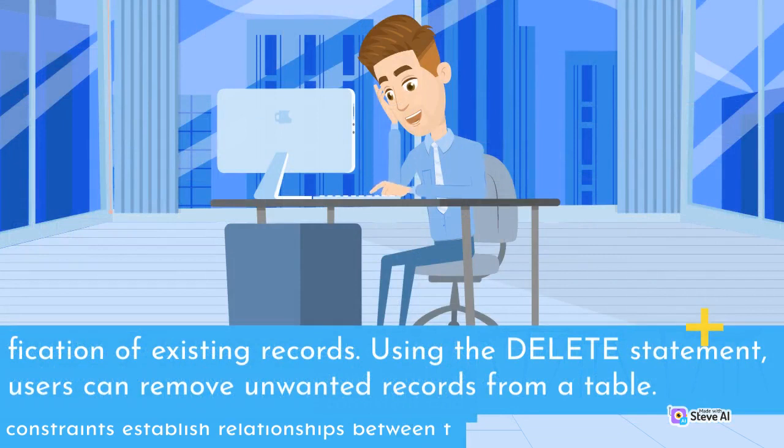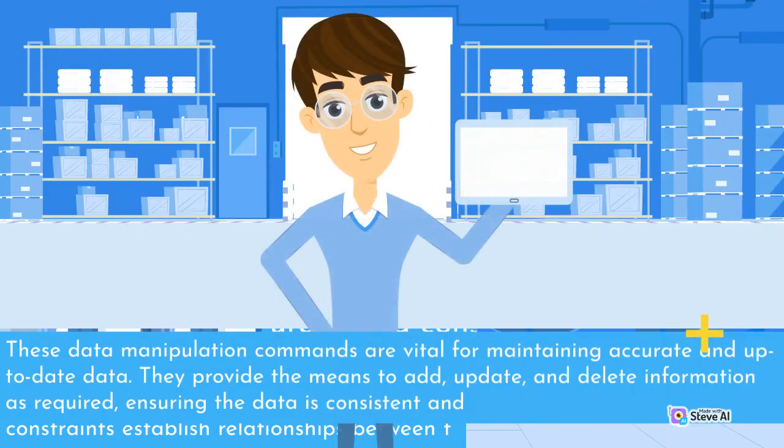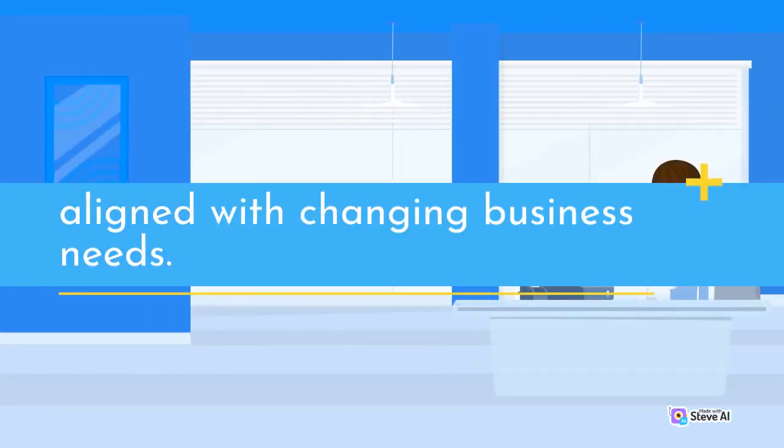Using the delete statement, users can remove unwanted records from a table. These data manipulation commands are vital for maintaining accurate and up-to-date data. They provide the means to add, update, and delete information as required, ensuring the data is consistent and aligned with changing business needs.